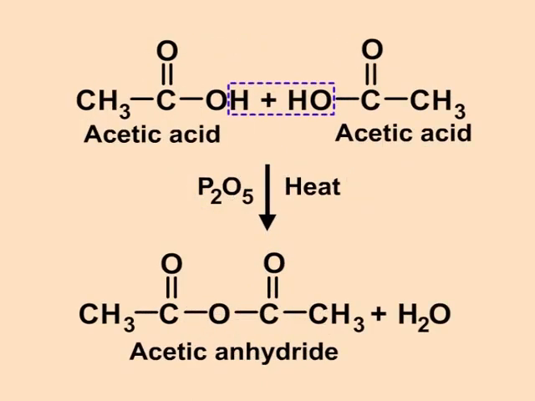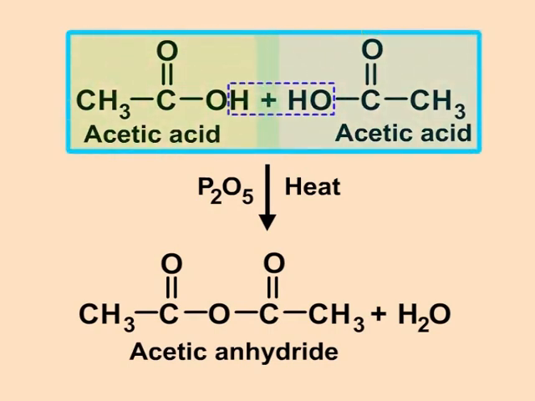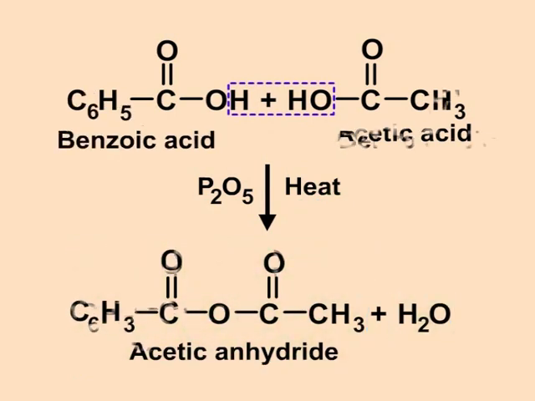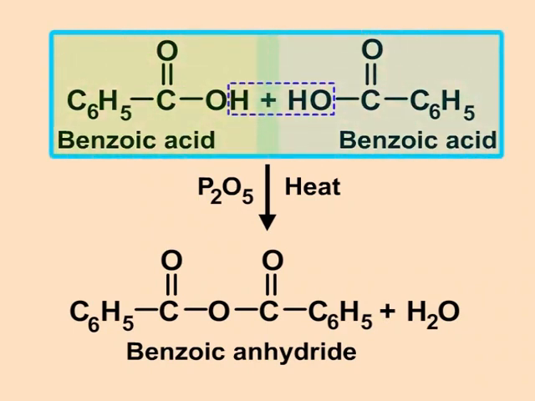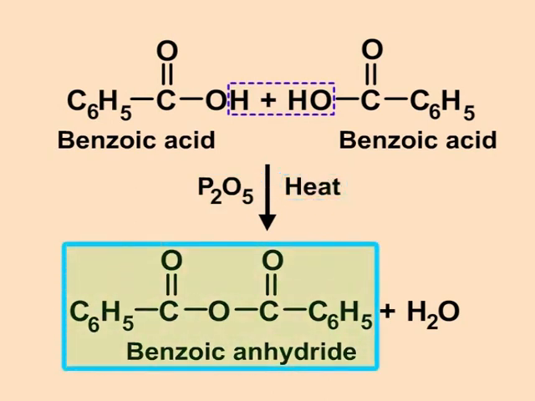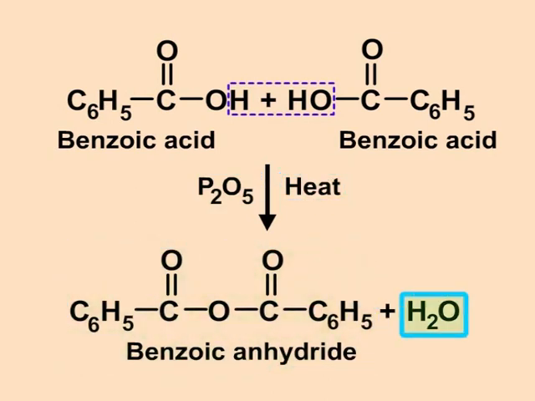Formation of acetic anhydride. Two molecules of acetic acid, when heated with dehydrating agent phosphorus pentaoxide, form acetic anhydride and water. Two molecules of benzoic acid, when heated with phosphorus pentaoxide, form benzoic anhydride and water.